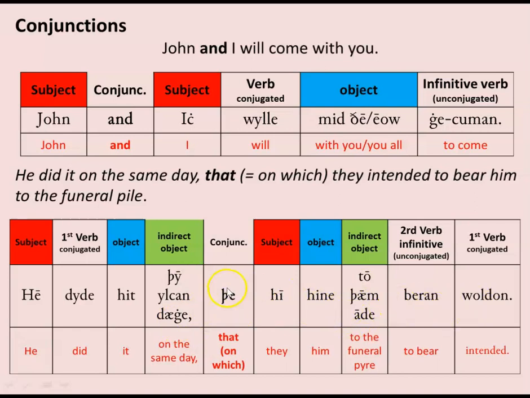So now the subordinating conjunction means that the dependent clause, or the secondary clause, has all its verbs shifted to the end. He did it on the same day on which they him to the funeral pyre to bear intended. All of these examples I'm using have been shown in previous videos, so please go have a look at those.